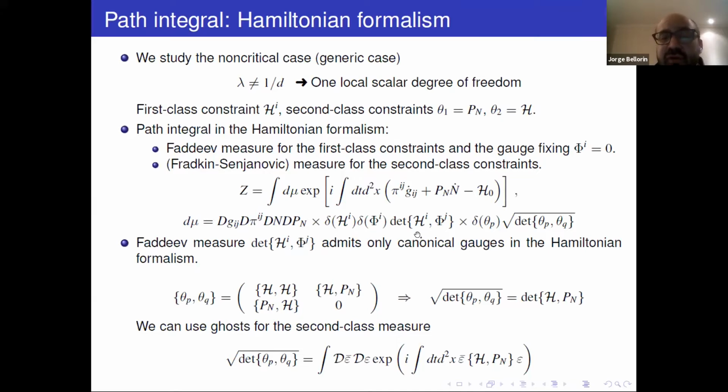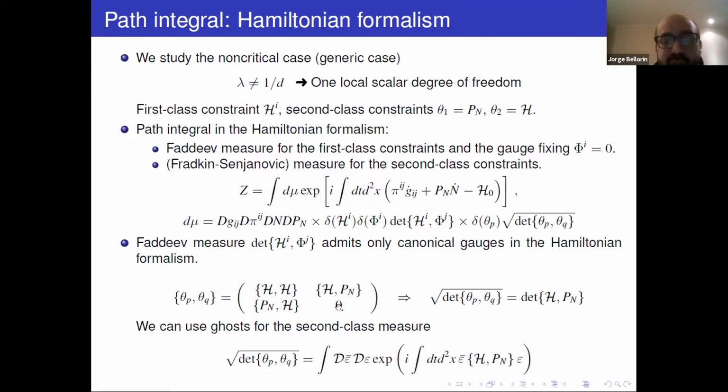So you also have in the Hamiltonian formalism a measure defined from them. It's very similar to the Faddeev-Popov measure in the Lagrangian formalism, but with the important difference that the measure for the first-class constraint admits only canonical gauges because it is defined in terms of Poisson brackets. So it is limited in some sense.